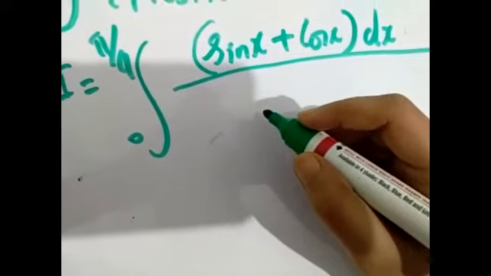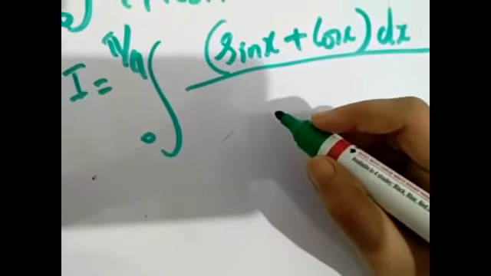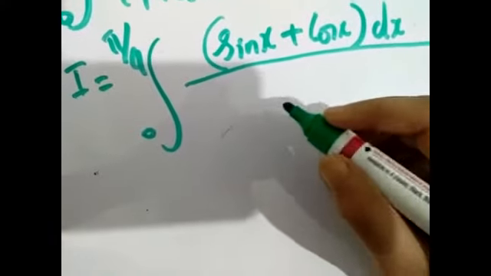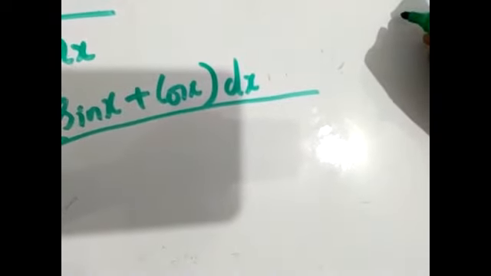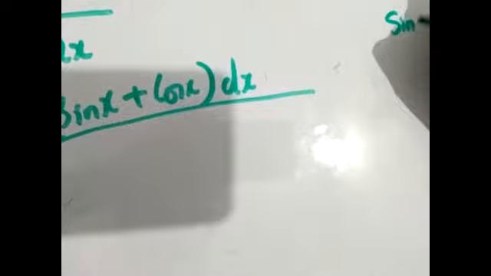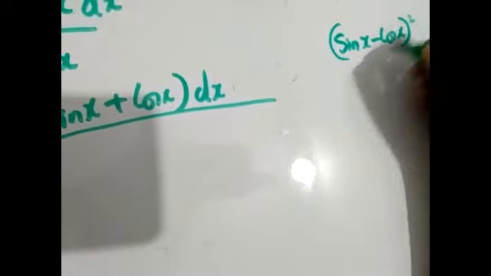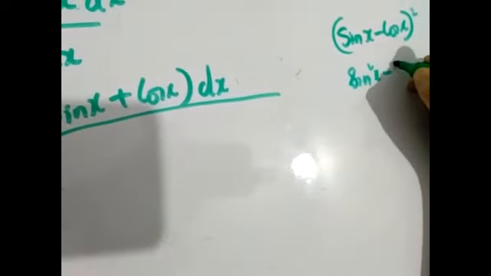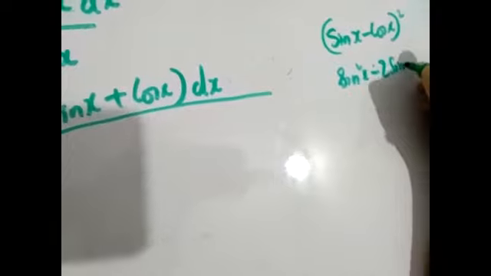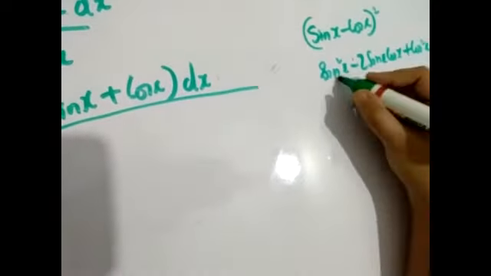If you remember, sin 2x is equal to 1 minus (sin x minus cos x) whole square. Why so? Because (sin x minus cos x) whole square, you have sin square x minus 2 sin x cos x plus cos square x.